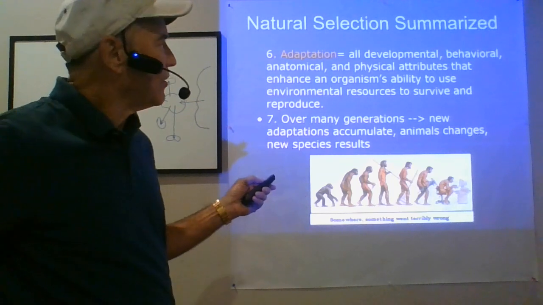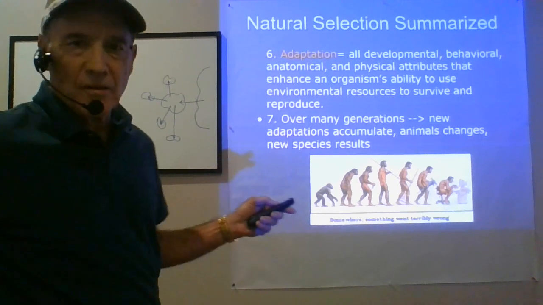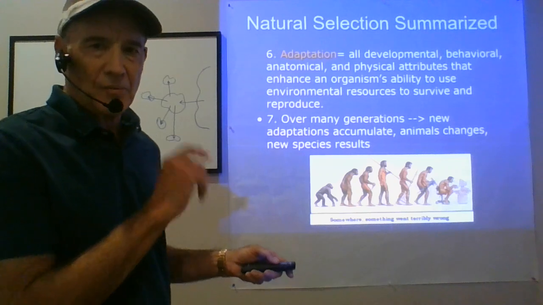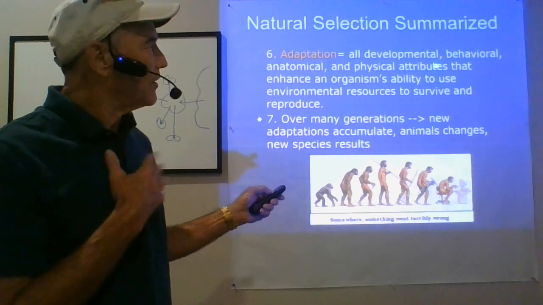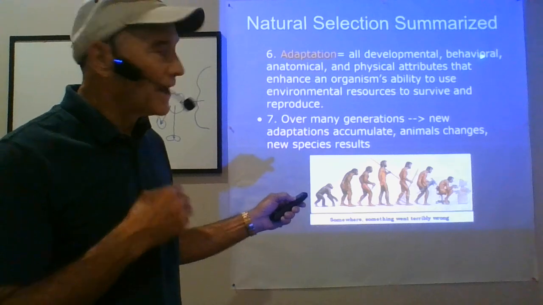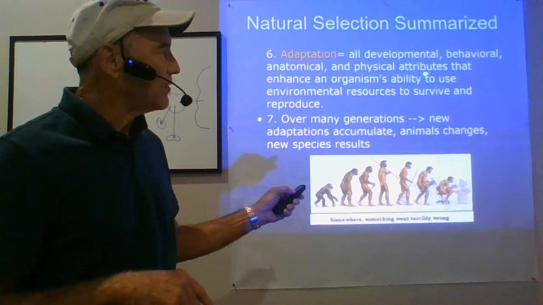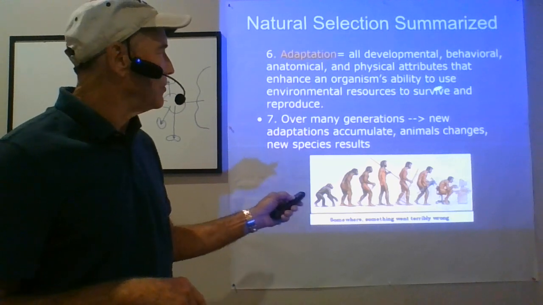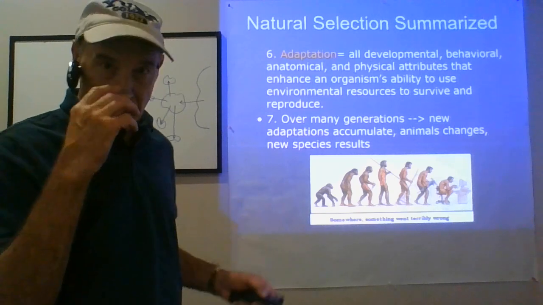Adaptation, all development. So here's our factor number 6, continuing from the last page. Adaptation, I've been using that word, well, here it is. All developmental, behavioral, also anatomical and physical attributes that enhance an organism's ability to use environmental resources to survive and reproduce.